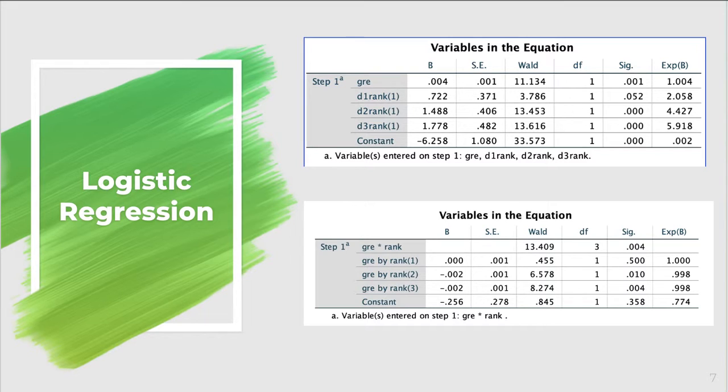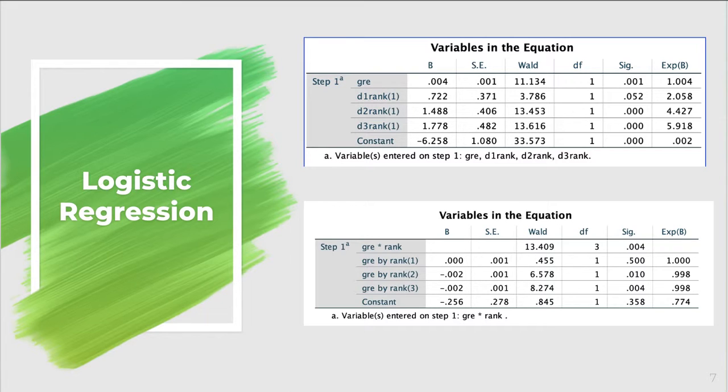We can begin by looking at the probability, which is accomplished by subtracting our exponentiated B from 1. For our GRE, it's 1 minus 0.004, which is 0.996. So for every point increase in the GRE score, the odds of admissions increase 0.996.